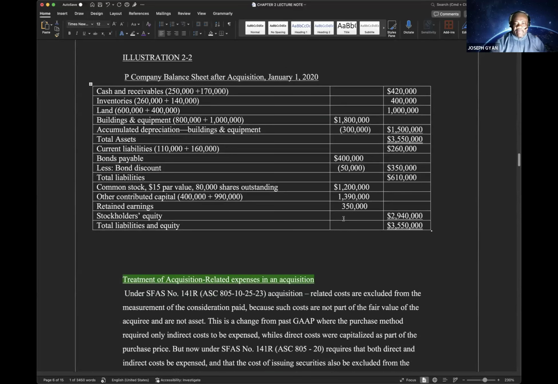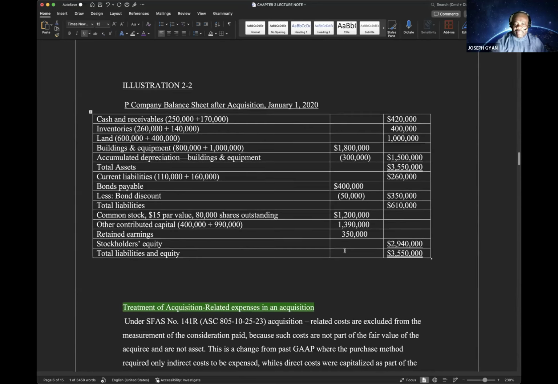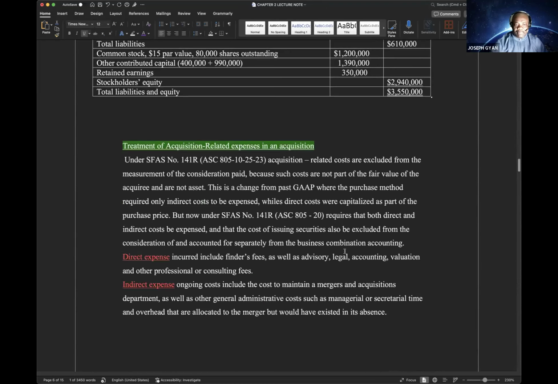That gives us an amount of 1.380. Our retained earnings are 350. The retained earnings of the S company are gone because we bought the company, therefore their retained earnings, other contributed capital and common stock will not be recorded. We have eliminated them, so we are not going to record that amount. Any question before I continue?